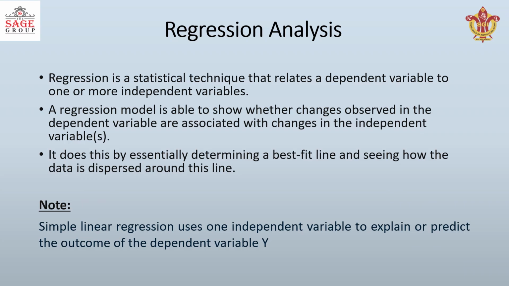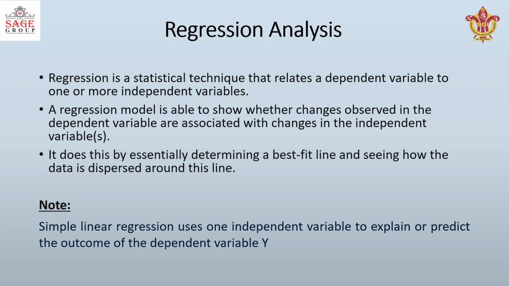Now, regression is a statistical technique that relates a dependent variable to one or more independent variables. The dependent variable is also known as the effect variable, and the independent variable is also known as the cause variable.